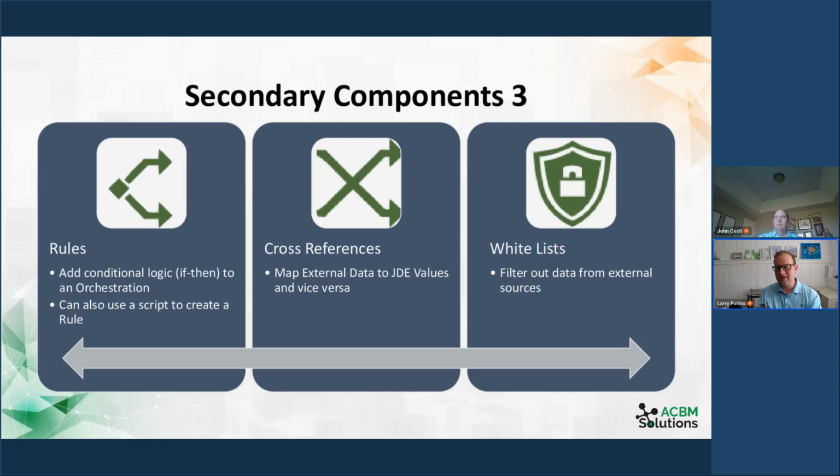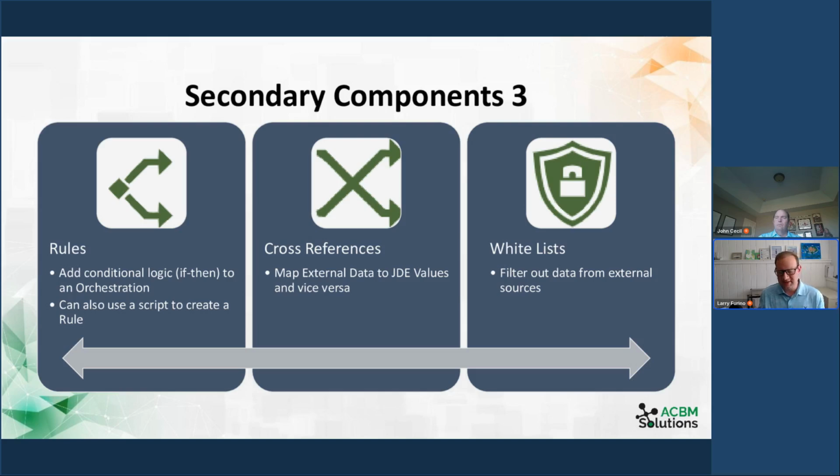But cross-reference is an application that exists in JDE, and you can set up the cross-references here to map the external data to JDE and JDE to the external data, either way, right? So it's a bi-directional mapping table. But since it's an application inside of JDE, you can use your form request to update it and maintain it.